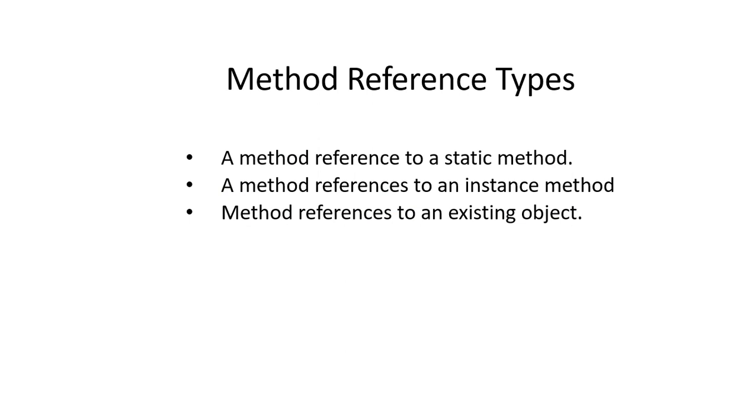When we call this kind of method, it is a different way to write it. These are all three method reference types. We'll see all of these types in the next session, where we write the code and see how to write the method reference for all three types.